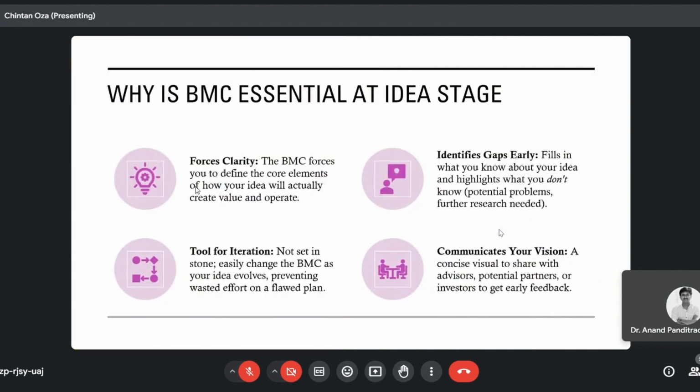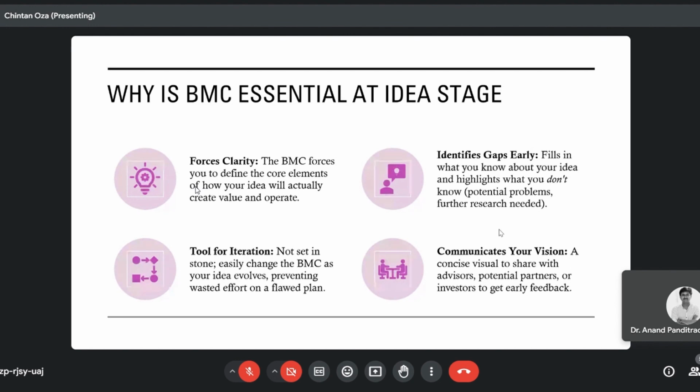So you are at the startup front and you are at the idea stage. You are about to start your journey to develop the startup. You have only an idea. So adopting BMC, learning BMC and implementing BMC would help you with multiple benefits.